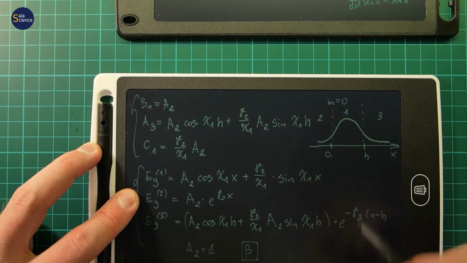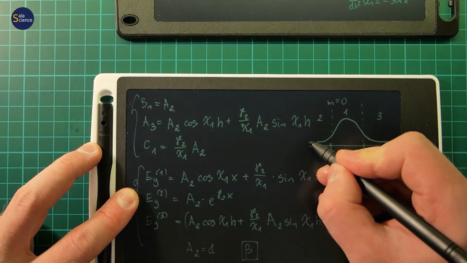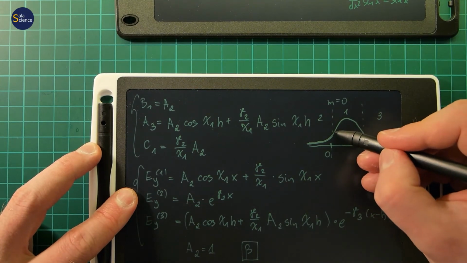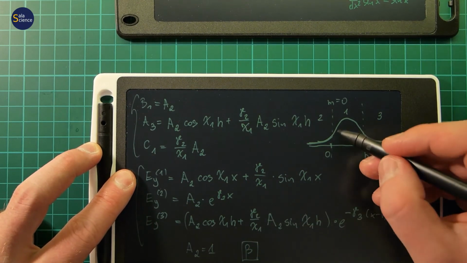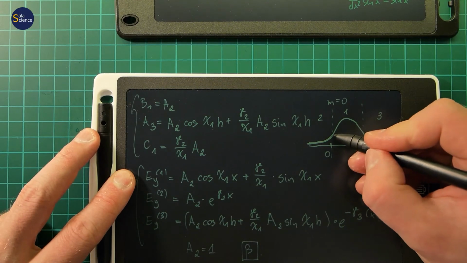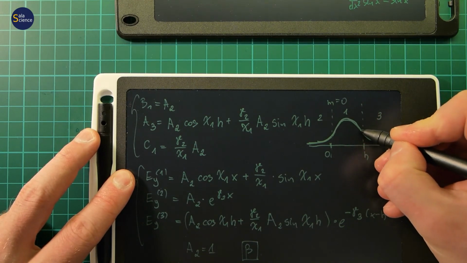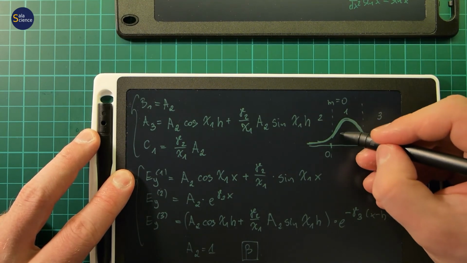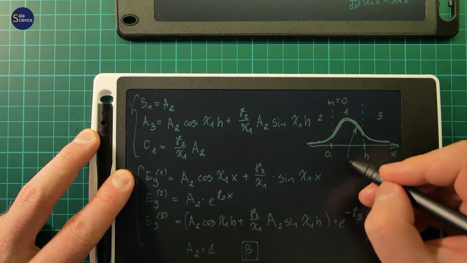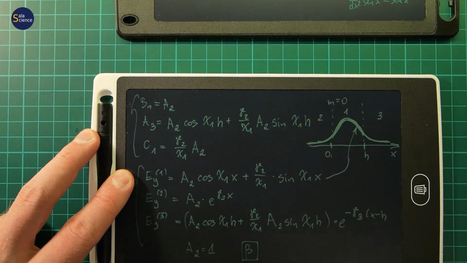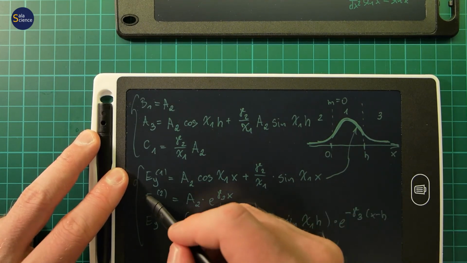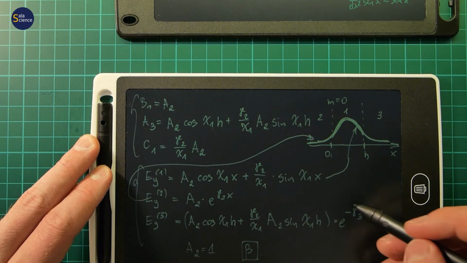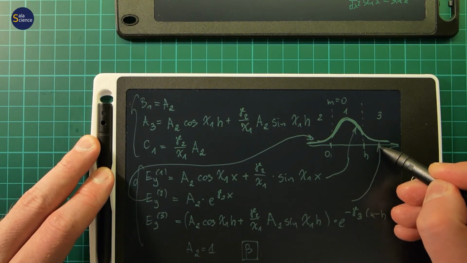In the second region, we also have exponential decay, and in the core we have a linear combination of cosine and sine functions, more or less like this. So here we have sine and cosine. The second region is this one, and the third region is this equation.